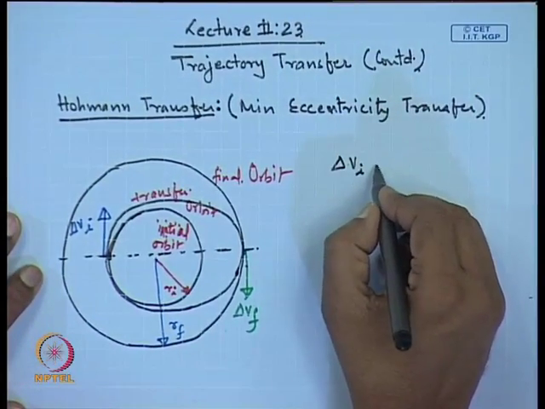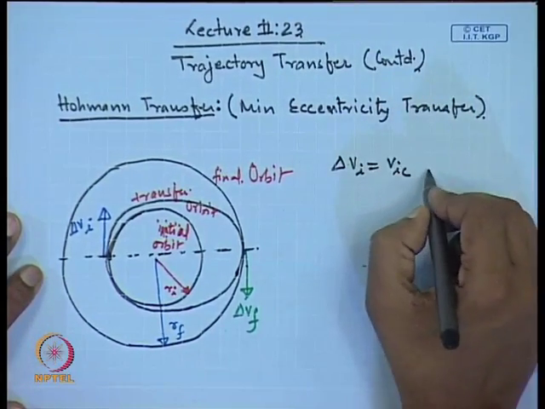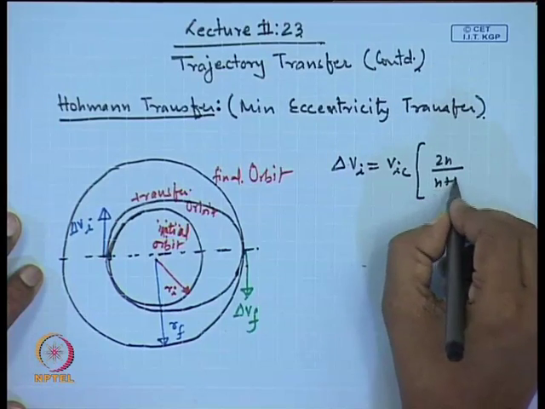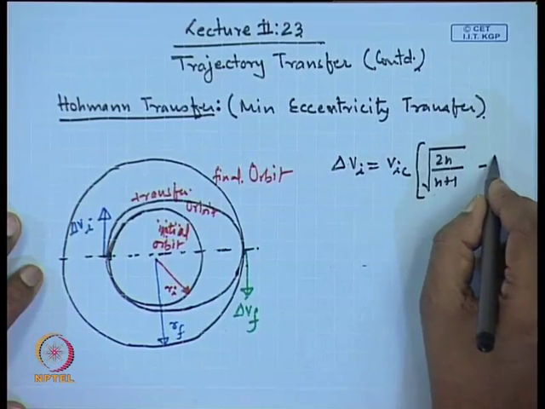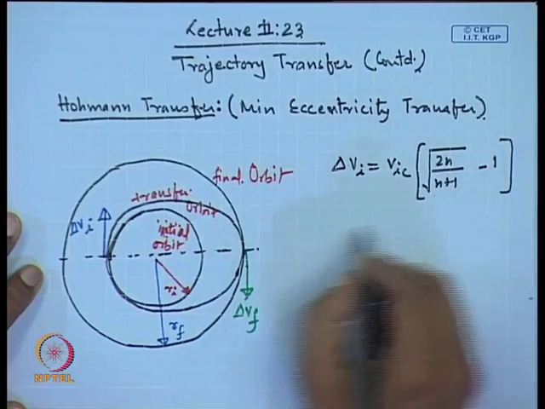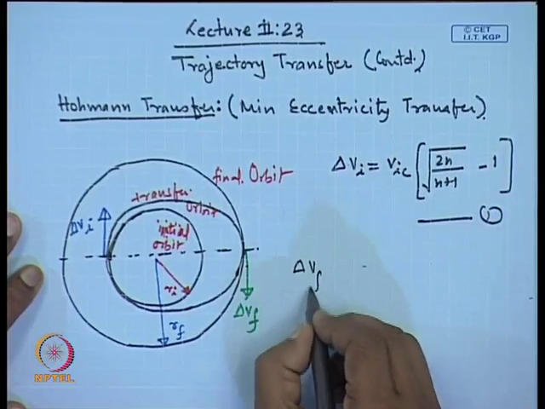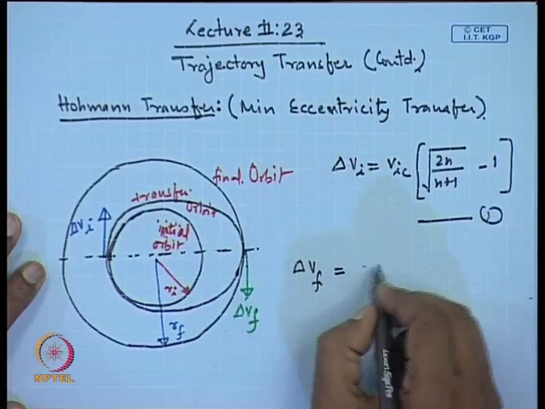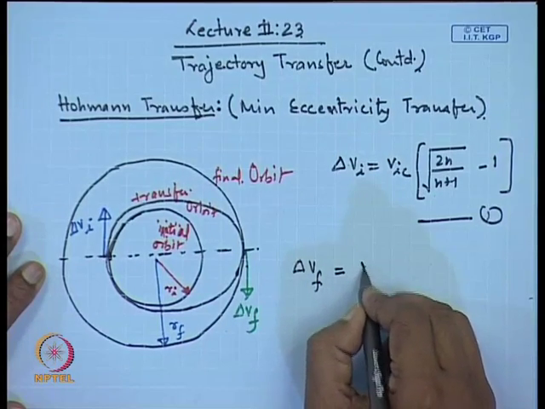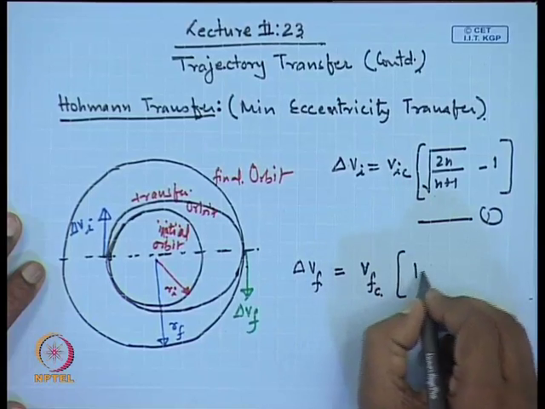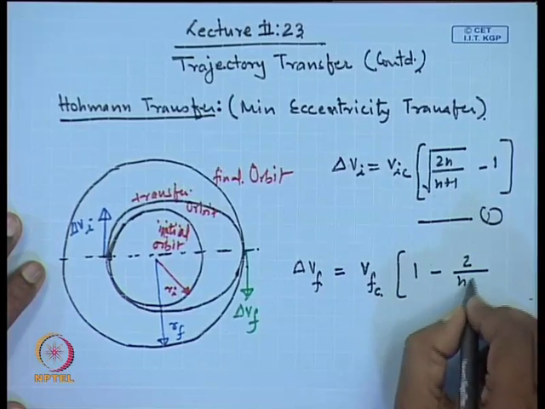So, delta V i we wrote as V i c times the square root of 2n divided by n plus 1, minus 1, and this is our equation number 1. And delta V f, this we wrote as V f c times 1 minus the square root of 2 divided by n plus 1.